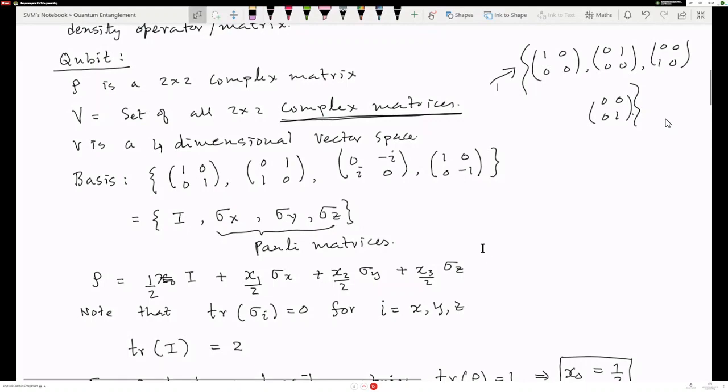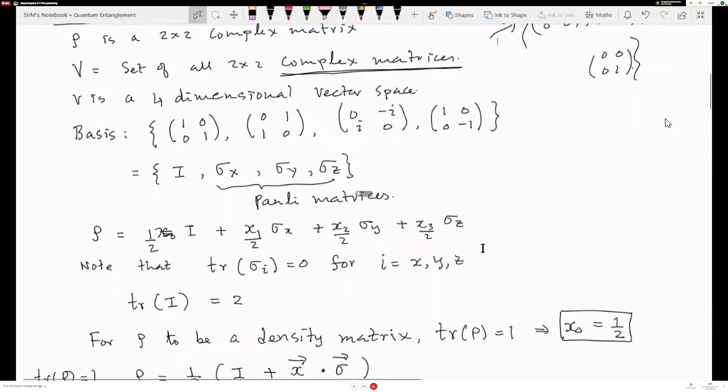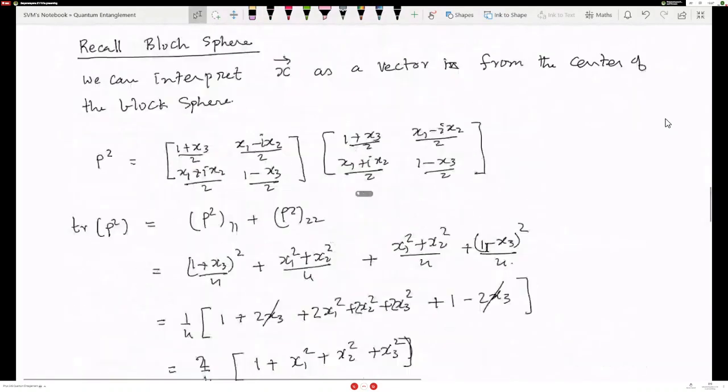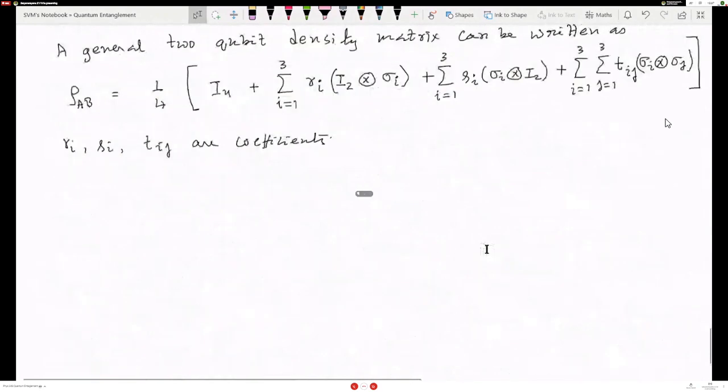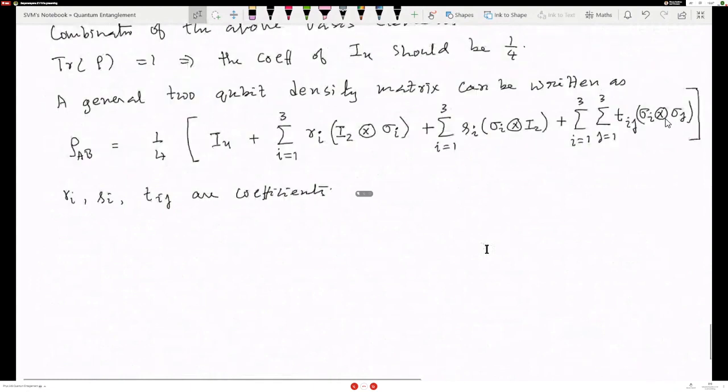Correct, correct. So it is because you can actually use real coefficients. If you take these complex matrices, you can use real coefficients. Okay, now it is easy to understand. So this Ri is a vector, Si is a vector, Tij is like a matrix.